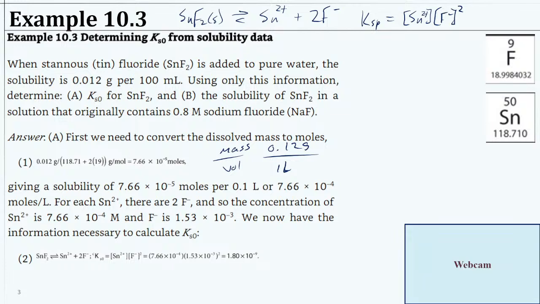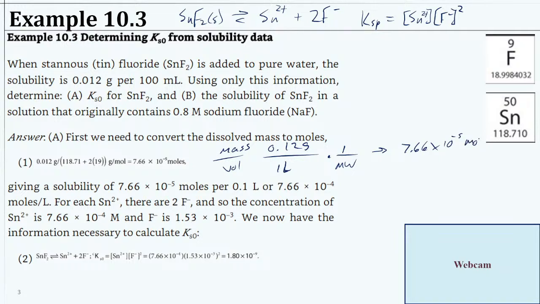And then account for the molecular weight of the tin fluoride, dividing by it, and that should get us to 7.66 times 10 to the minus 5 moles per liter.